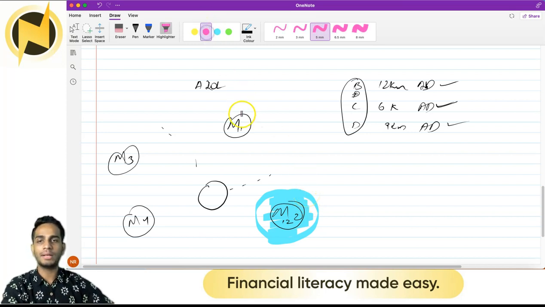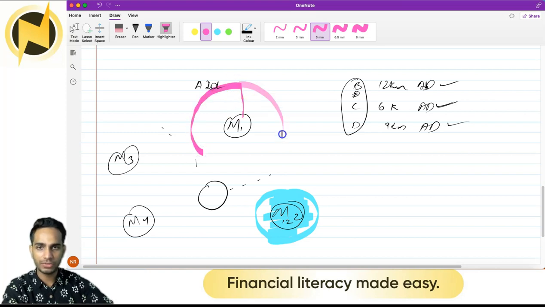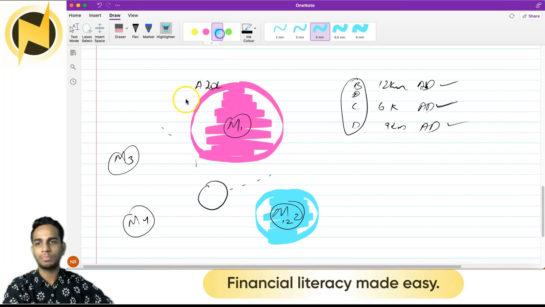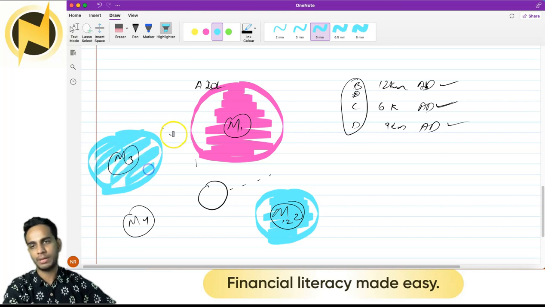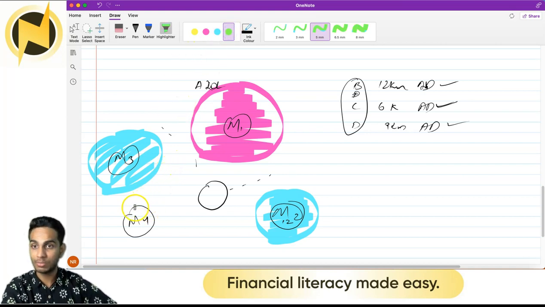Say municipality 1 has a population of 2 lakhs, then up to a 6 kilometer radius will be treated as urban. Say municipality 3 has a population of 8,000, then a 2 kilometer radius is urban. Municipality 4 has 12 lakhs population, then up to a distance of 8 kilometers is urban.